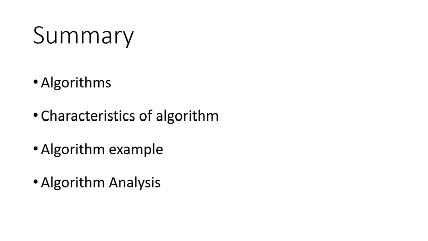And the last topic of this lecture is algorithm analysis. There are two types of algorithm analysis. First one is priori analysis, second one is posteriori testing. Priori analysis is theoretical, and it does not have an accurate result.